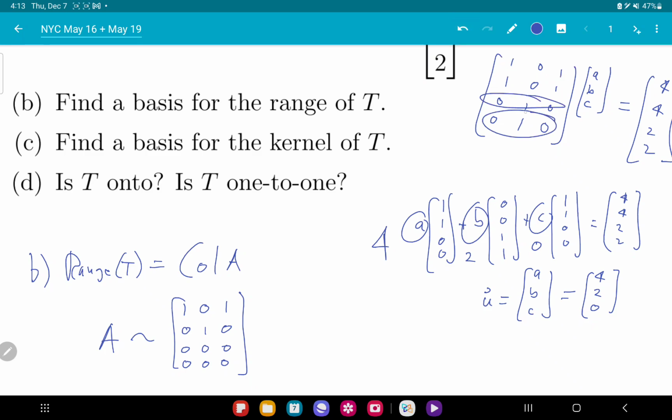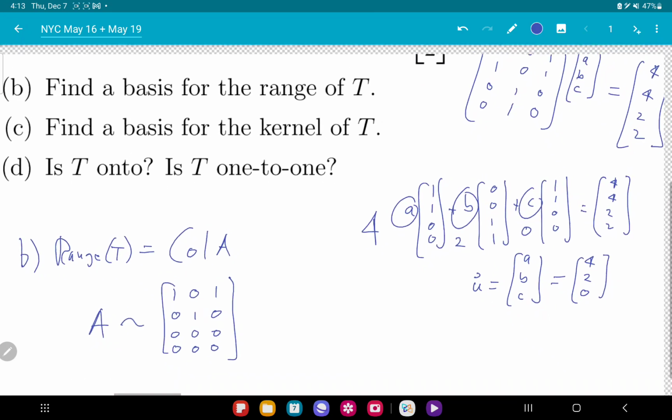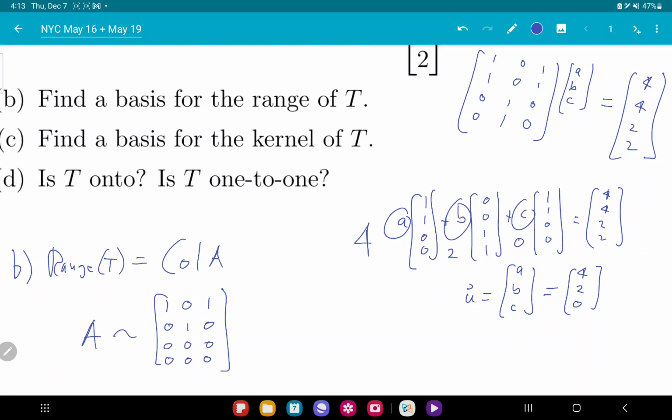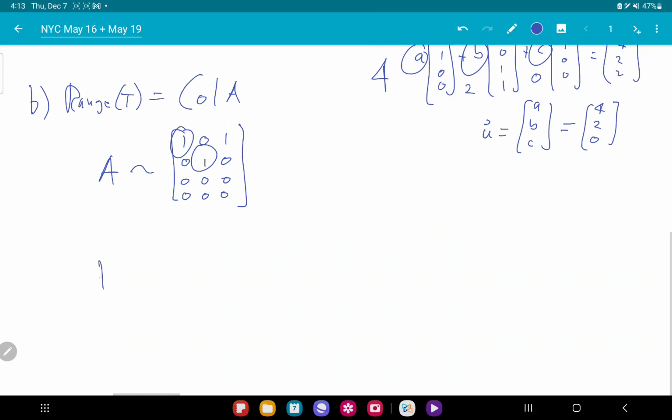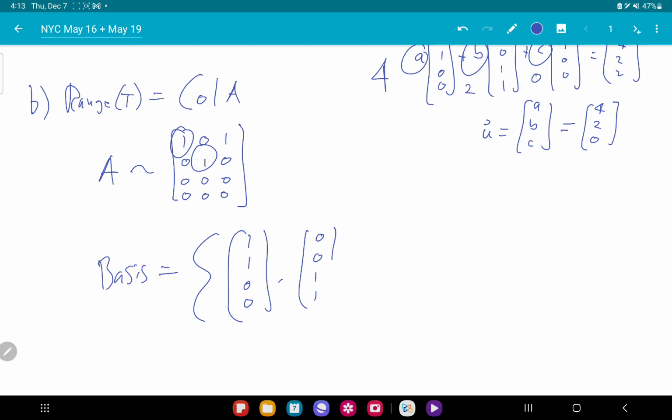And these two rows are the same, so one of them goes away, leaving me with just this guy here. So I can see that I should choose my first and second vectors up here. So the basis is equal to (1, 1, 0, 0), (0, 0, 1, 1).